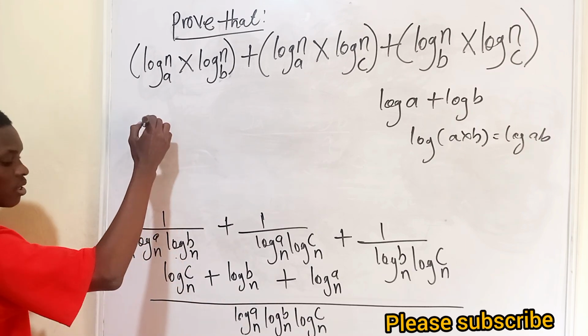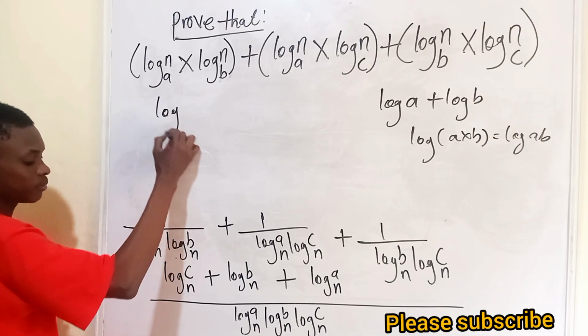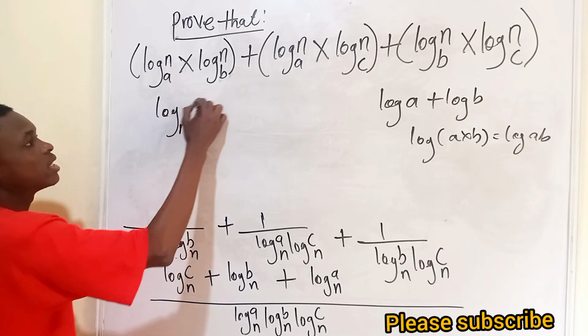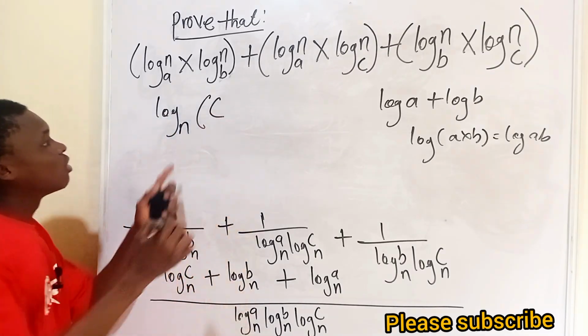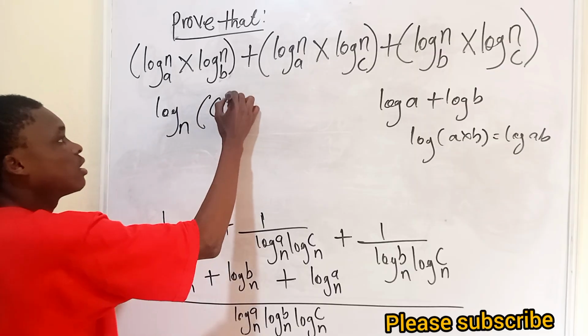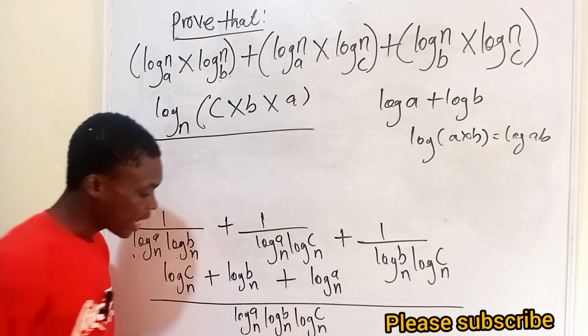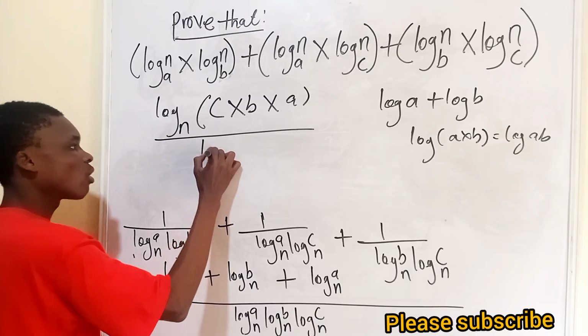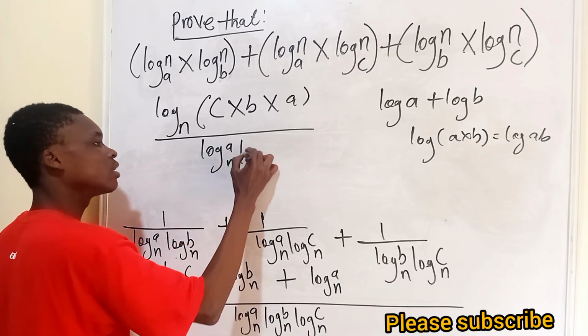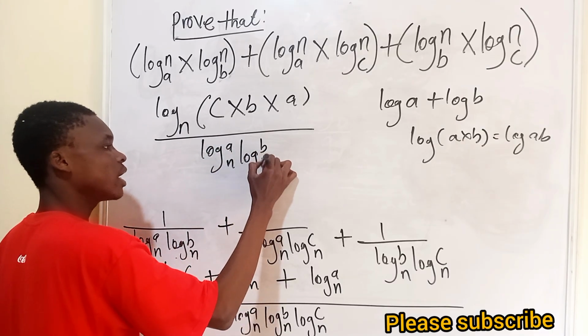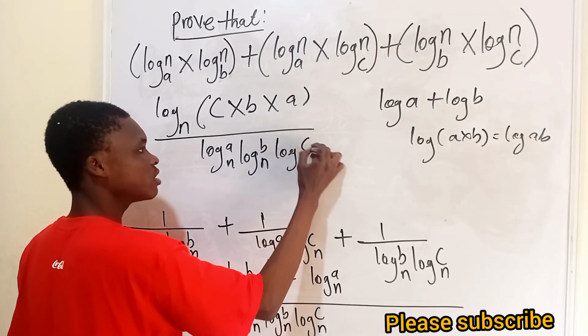So what do we do from here? We can say this is log base n of c times b times a, all divided by log a base n, log b base n and log c base n.